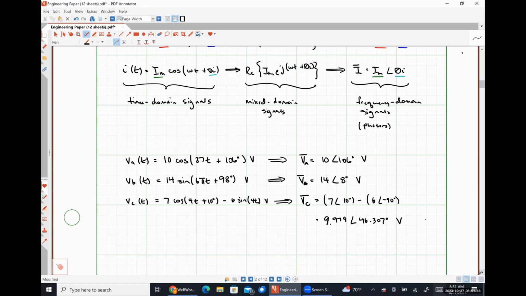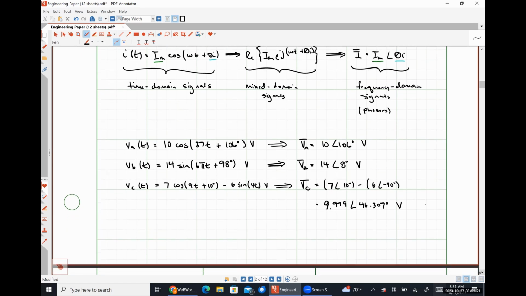So if we were told, for example, that we had a circuit where we had a phasor current I that was 10 angle 65 degrees at an operating frequency of omega equals 5 radians per second, our time domain representation would be 10 cosine 5t plus 65 degrees amps.